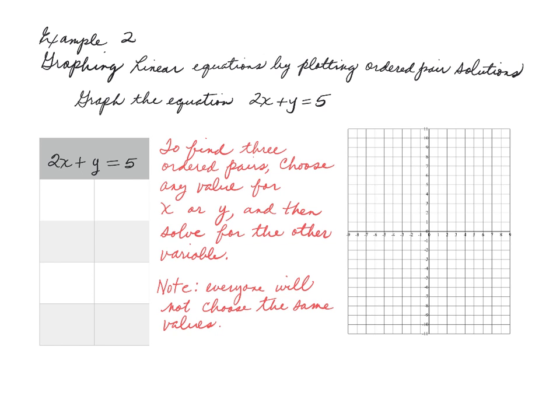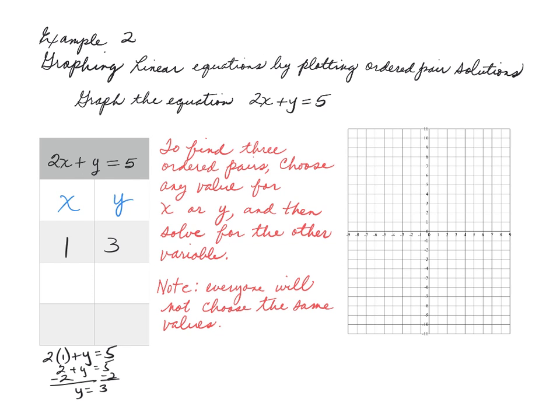So I'm going to choose, let's say, x is 1. This is going to be my x value, this is going to be my y. If x is 1, plugging it into the equation, what is y going to be? 2 times 1 plus y equals 5. So that's 2 plus y equals 5. y equals 3.